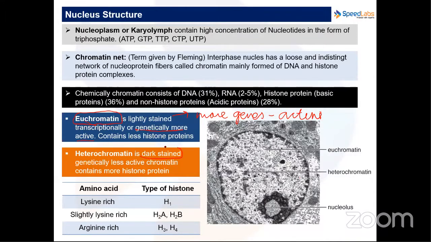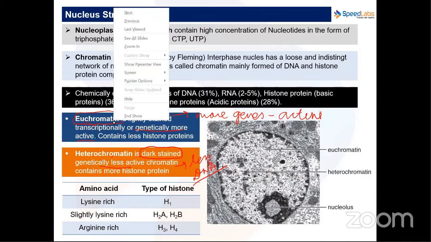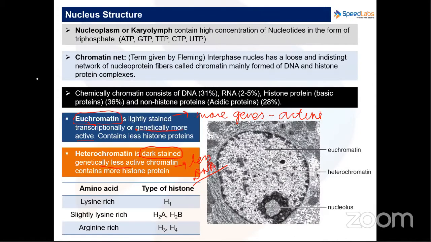Heterochromatin is darkly stained, genetically less active because it has less DNA. So you do get to differentiate between heterochromatin and euchromatin. Heterochromatin is darkly stained, euchromatin is lightly stained. This is genetically active.